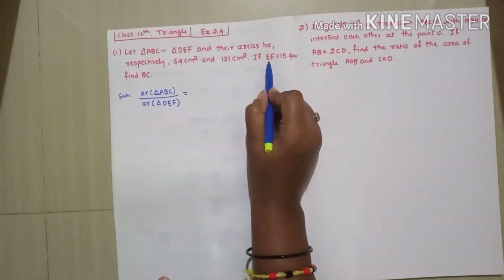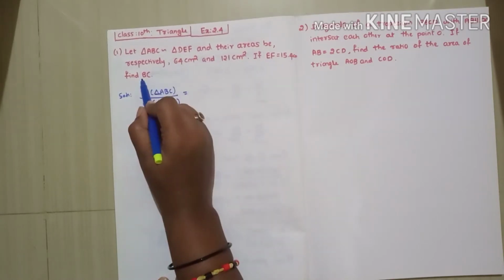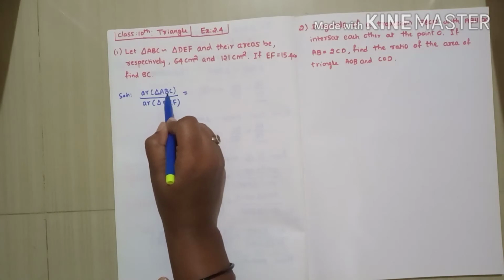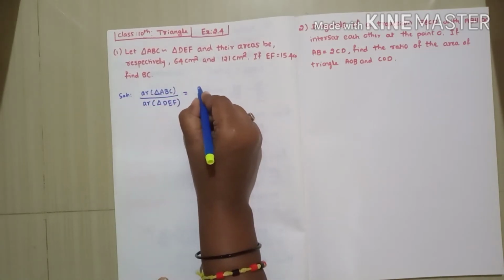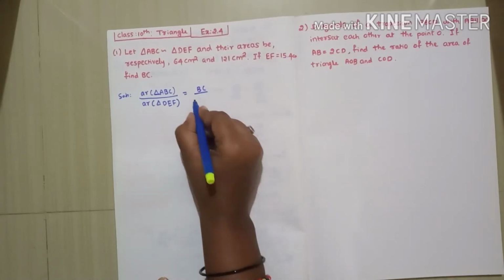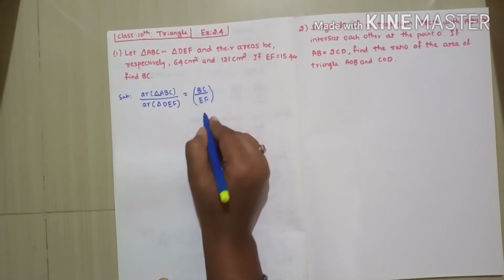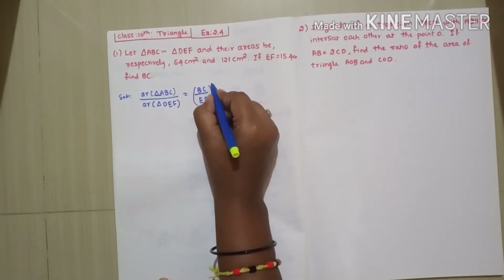Here EF is the side of triangle DEF and BC is the side of triangle ABC. In the numerator I wrote triangle ABC, so I should write BC divided by EF. BC and EF are the corresponding sides, and the ratio is squared.